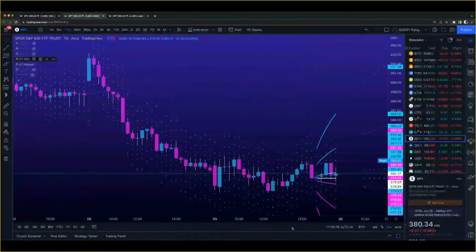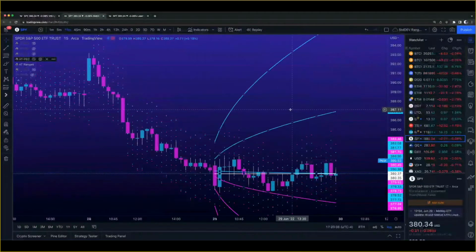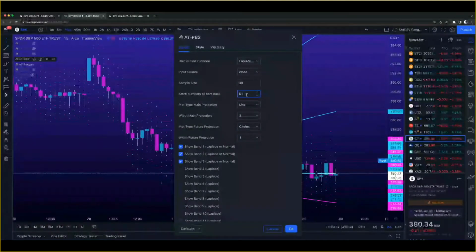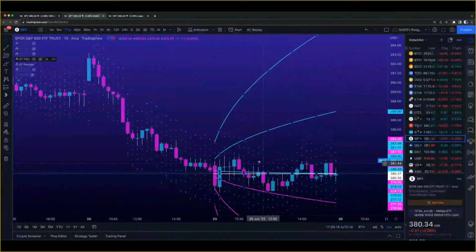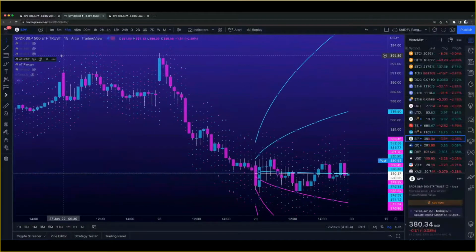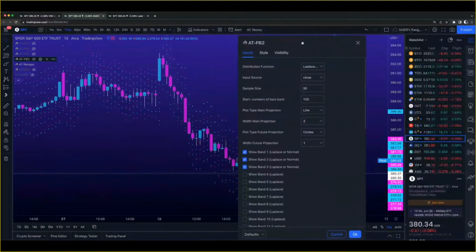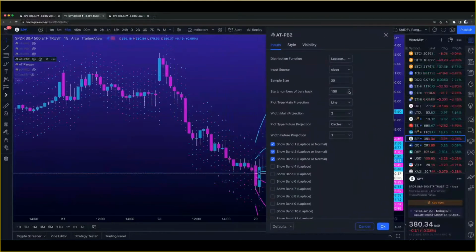So the whole point of it is once a move takes place, let's just say we're 3 standard deviations away on whatever model, doesn't matter, Laplace standard deviation, whatever. If that move is over and you see price pivot, you want to project from that point because you're possibly going to mean revert in the other direction.